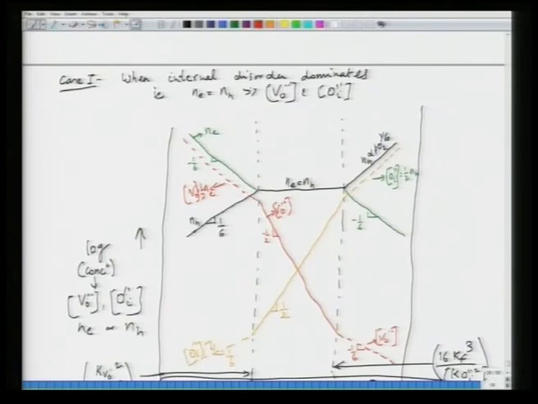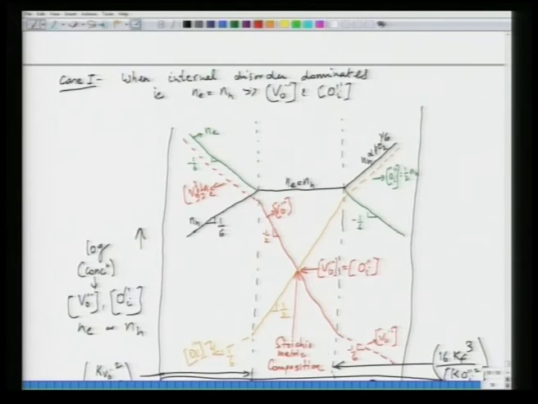This particular point would be the point where VO will be equal to OI, and this would be the perfectly stoichiometric composition, that is where the material will be completely stoichiometric.